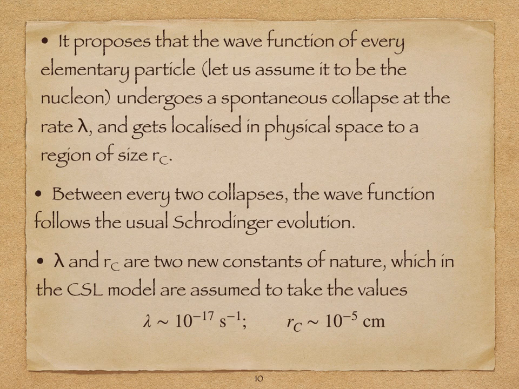Remember, lambda going to 0 is the Schrodinger equation, it's quantum mechanics. A huge lambda, say 10 to the minus 8 per second, is simply ruled out by data that we know. A very large lambda means a huge departure from the Schrodinger equation. It would be much easier to solve the measurement problem with a large lambda, but clearly it would violate the Schrodinger equation in a huge way.